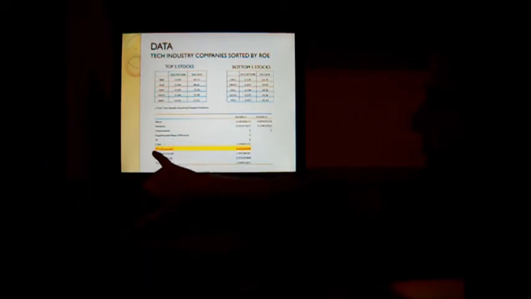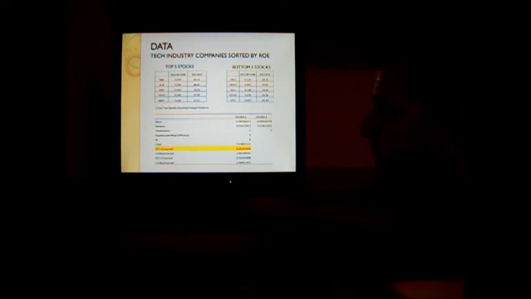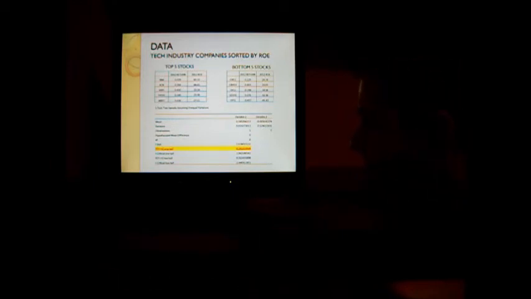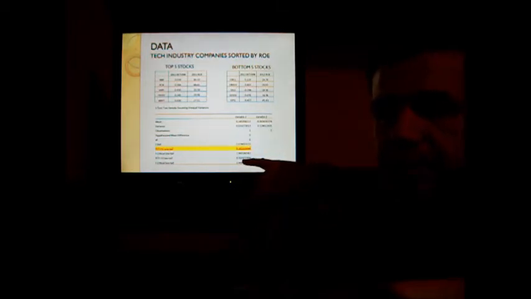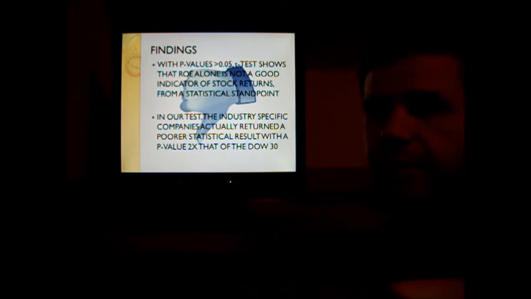The p-value on this test is 0.16, which is twice the p-value of the Dow 30 test that we ran previously. Again, this value was higher than 0.05. So per this test, there is no statistical difference between the two groupings, again disproving our hypothesis.